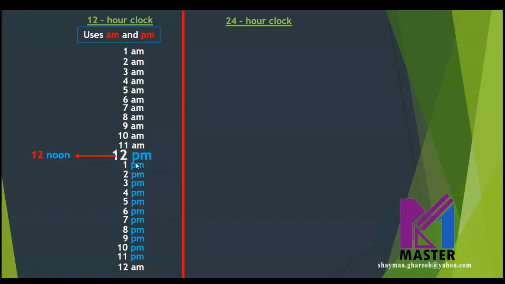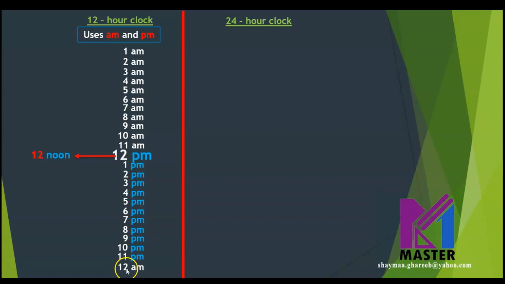So the p.m. period starts at 12 noon, which is 12 p.m. Then 1 p.m. means 1 after 12 noon, 1 afternoon, 2 p.m., 2 afternoon, until we reach the evening. For example, 9 p.m. here, it's 9 o'clock in the evening. 11 p.m. is 11 o'clock in the evening.